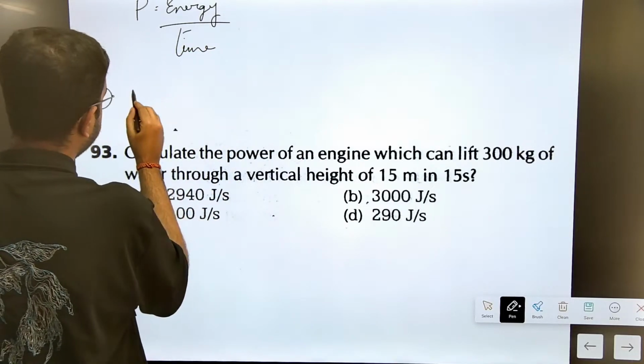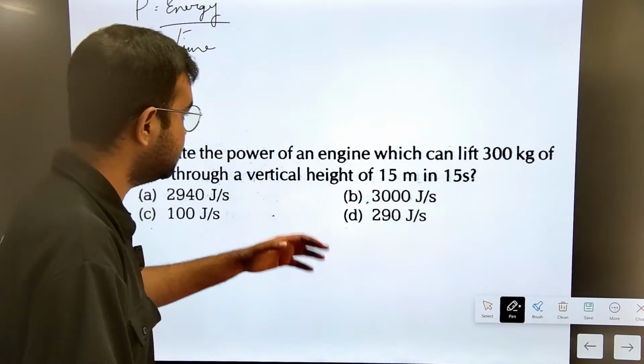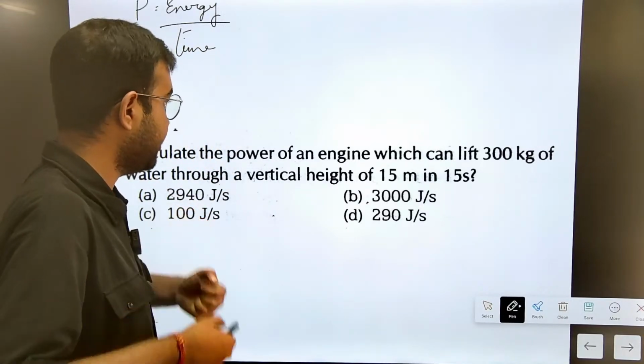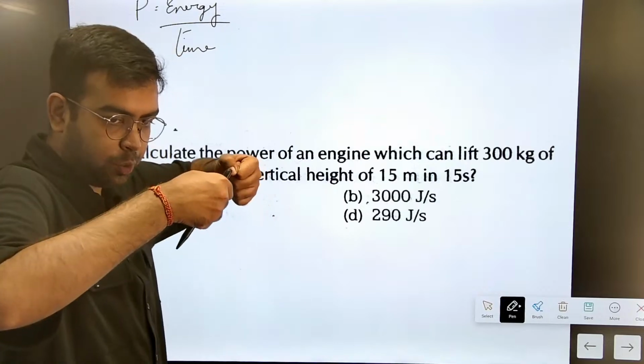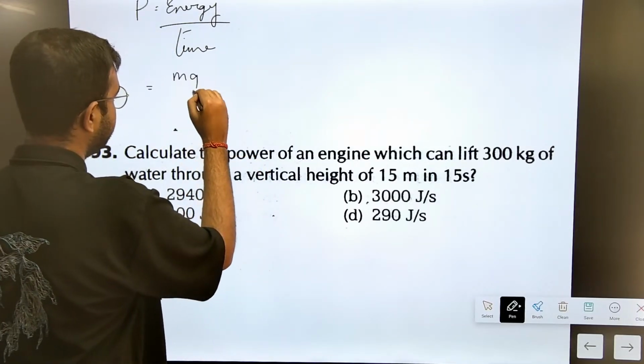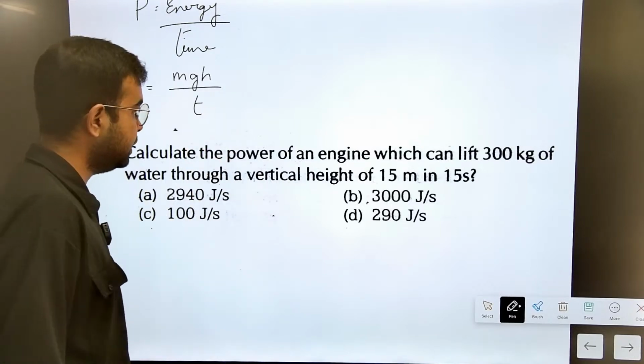Okay? What is the energy we have here? We have potential energy because the engine is lifting a weight. Okay? It is lifting a weight upwards, so it will be potential energy m g h by t, time. Okay?